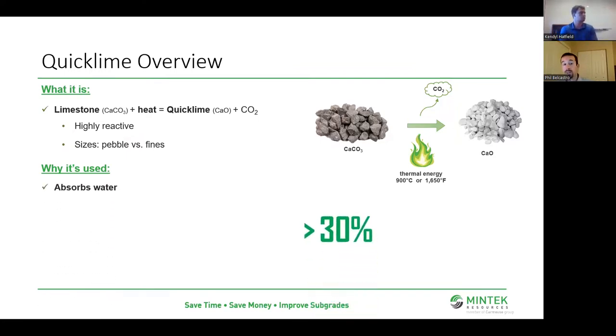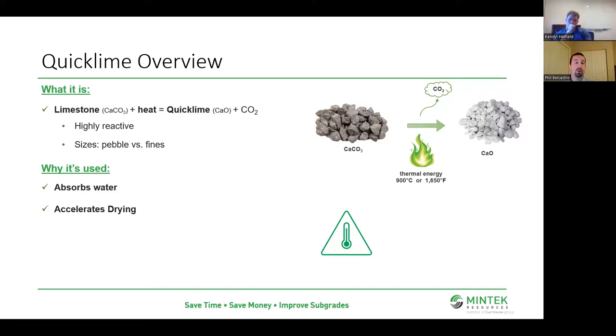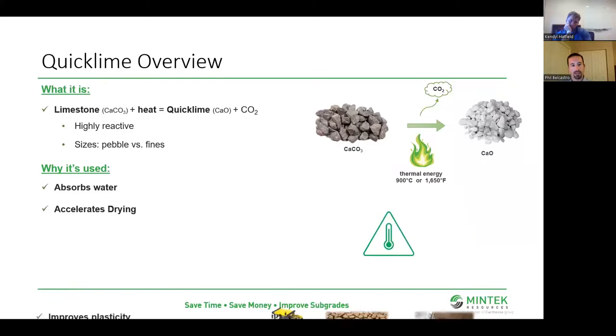So why are we using it? It absorbs water. So quicklime, for example, will absorb over 30% of its weight in water as it hydrates from calcium oxide to calcium hydroxide. And we talked about that heat before, about the possibility of burns on your arms or any exposed areas if you're wet. So that exothermic reaction will help to drive off additional moisture in the form of steam on that site. It's a very exothermic reaction.